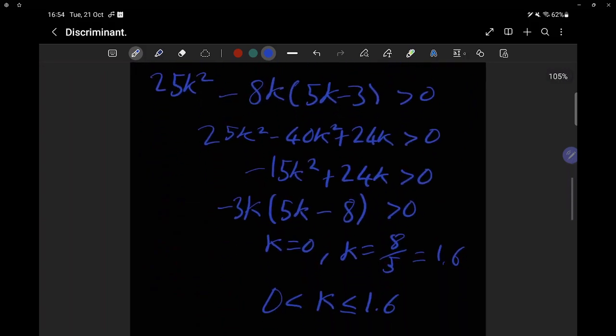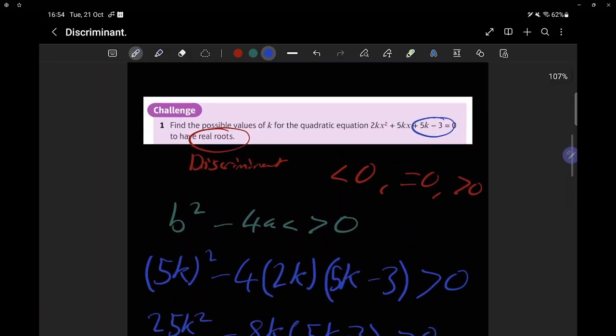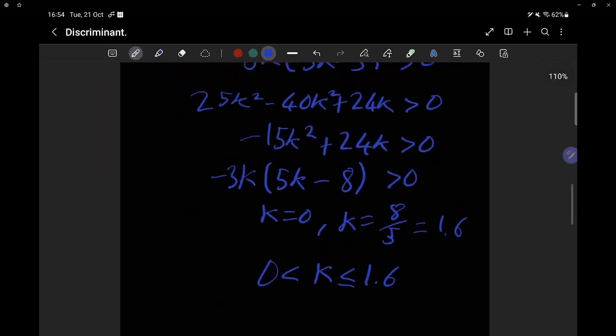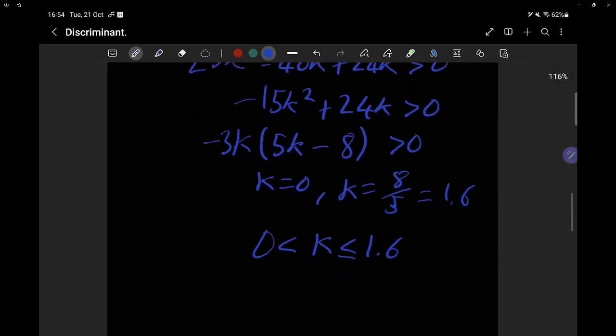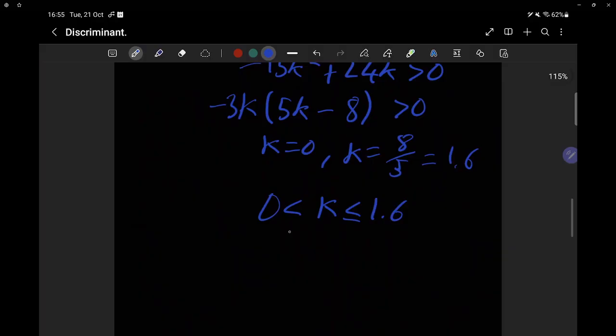But with 1.6, if we were to substitute that in here, it would be equal to 0. I won't go through it now, but you can do it yourselves if you want to. So that's why we have to put our final answer into an inequality.